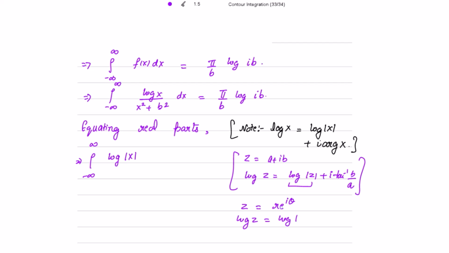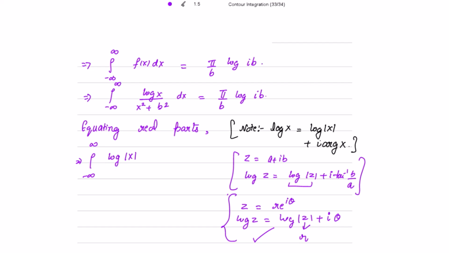Mod z is the mod of r e to the power iota theta, which is log of r only. So this becomes log r plus iota times the argument of z, and the argument of z is theta. So because this is our case for the semicircles, we must focus on this second one. So the real part for log of z is log of mod z.